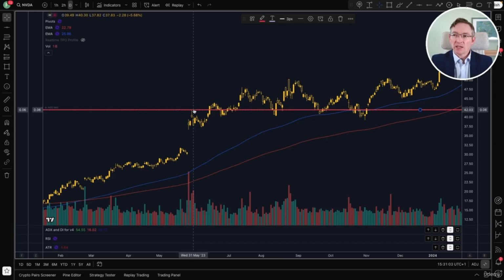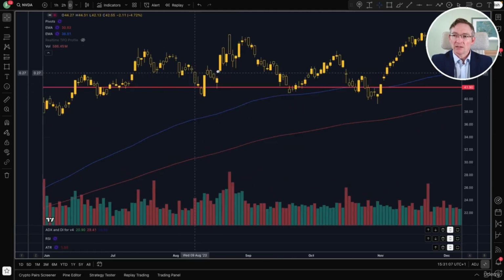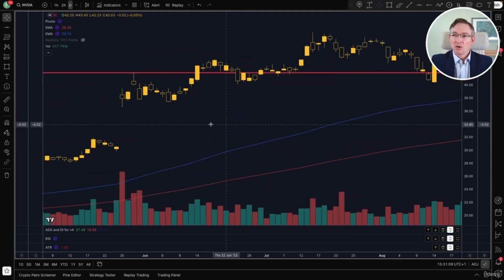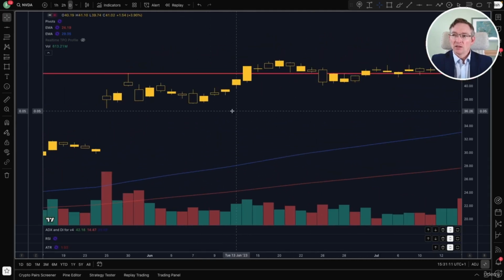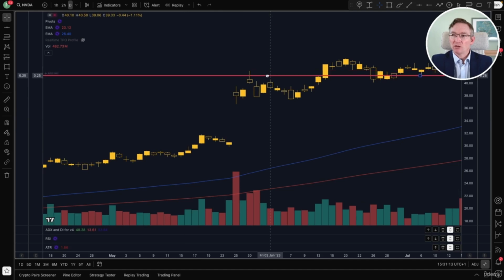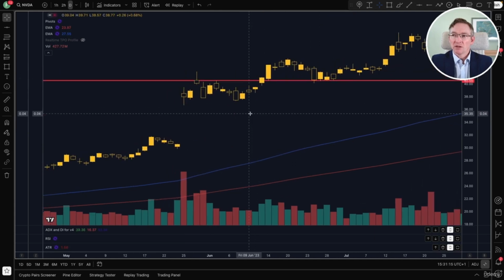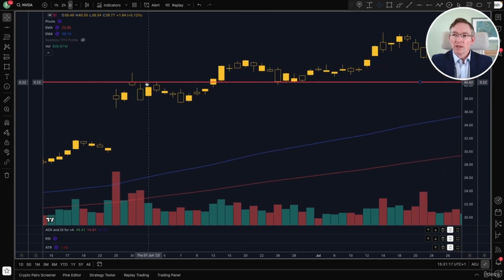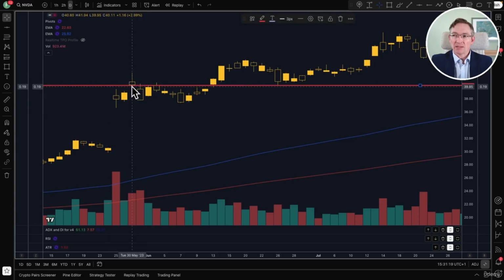Now you might think, is the resistance level there at the top of the wick of the candle, right? Or is the resistance level here at the body of the candle, or is it at the bottom of the candle?